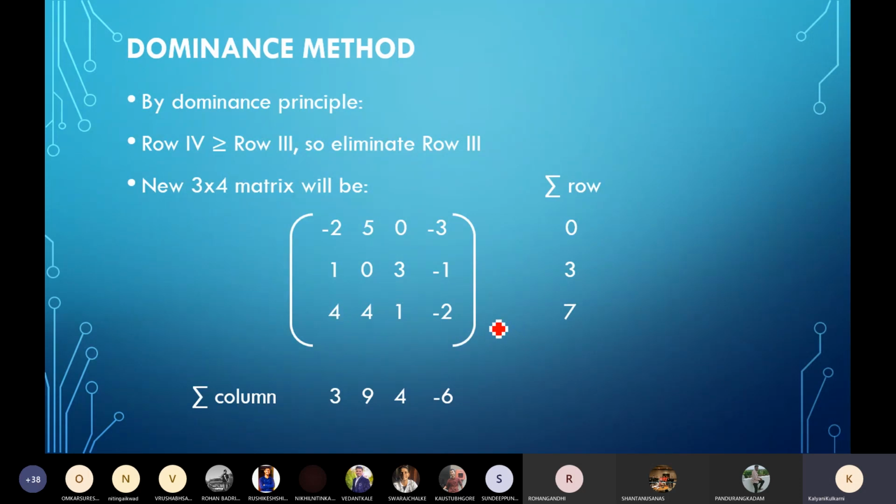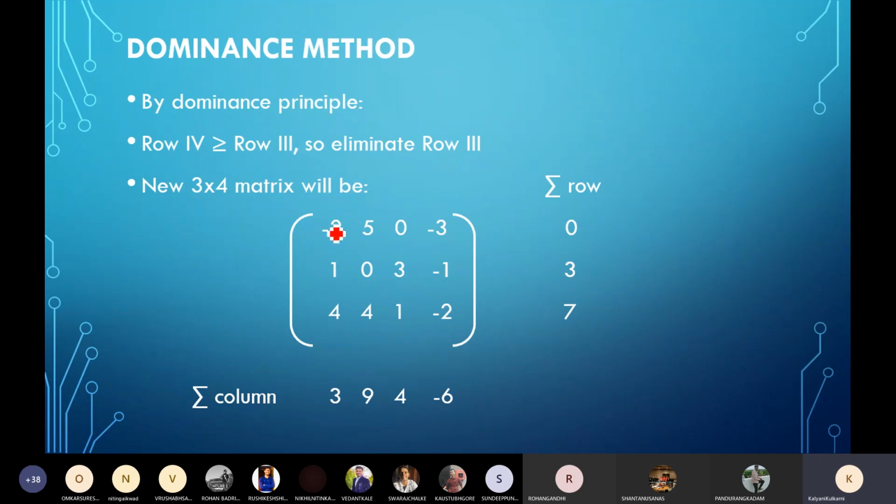Okay, this is step 1 in which I have used rule 1: using row calculations, I have removed the row with the lowest value. Again I take a new summation of rows. Row 1 summation is 0, row 2 summation is 3, row 3 summation is 7 as it is.